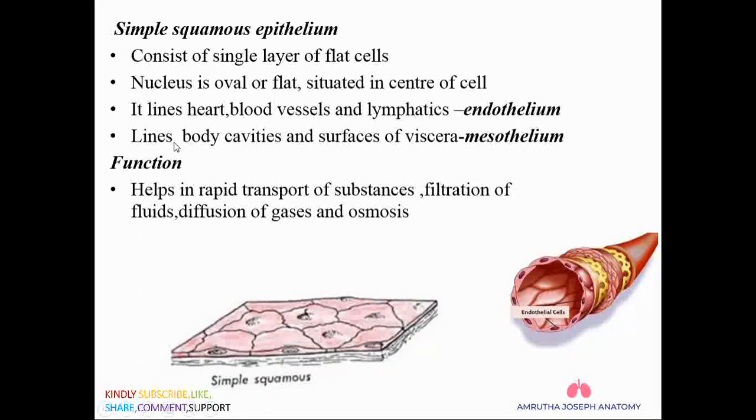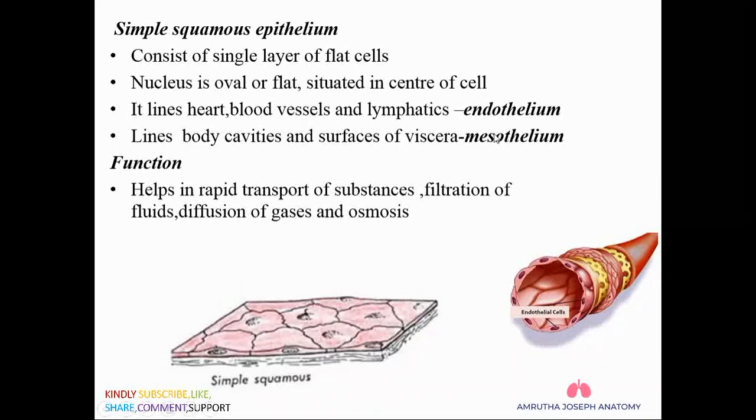Similarly, simple squamous epithelium is going to line the body cavities. I said already, epithelium can be seen inside the body cavity. It also covers the surfaces of viscera, the outer aspect of the viscera, for example the liver, the kidney. They are lined again by epithelium.